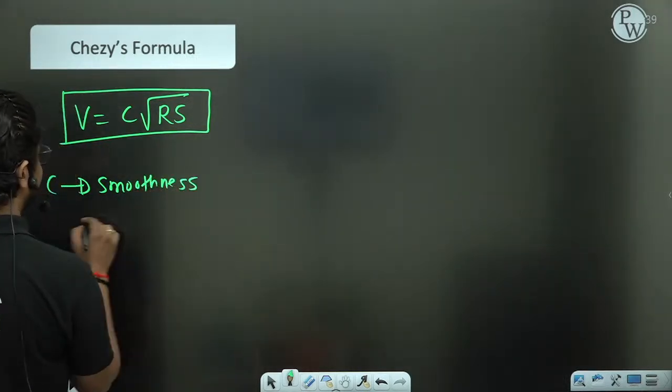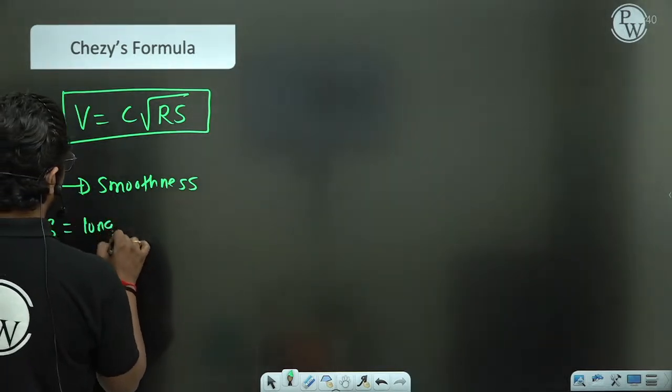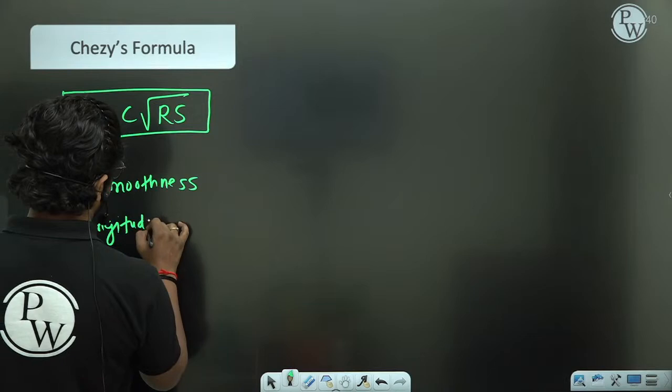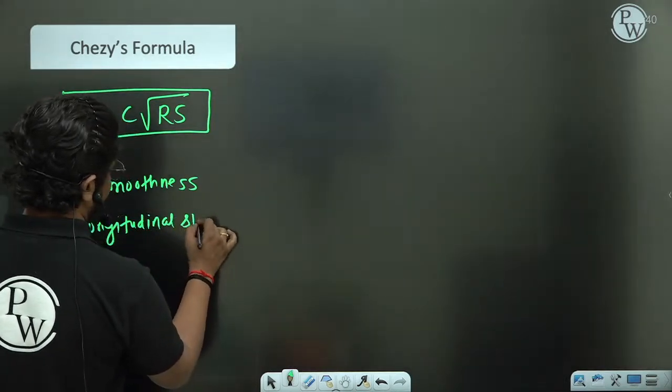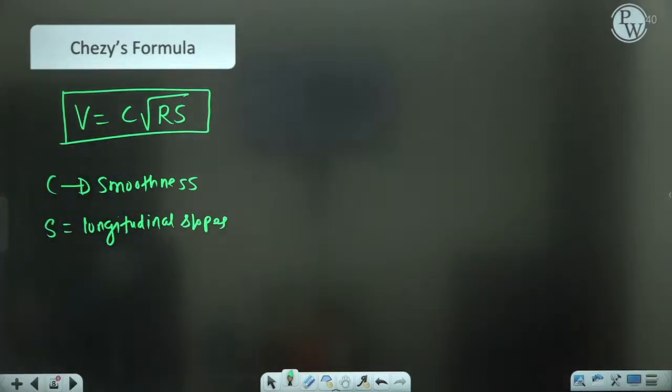R you already know. S is the longitudinal slope.